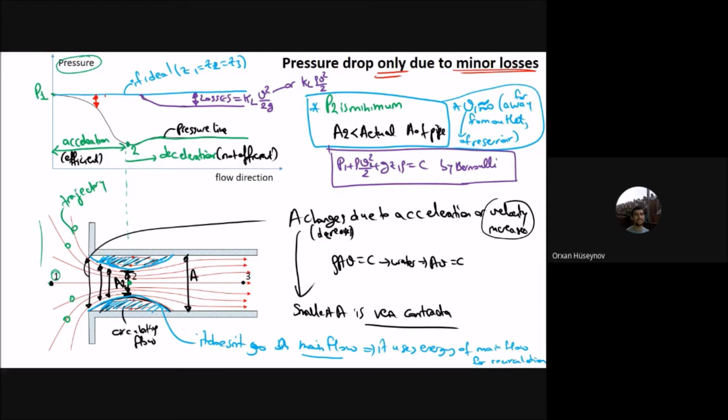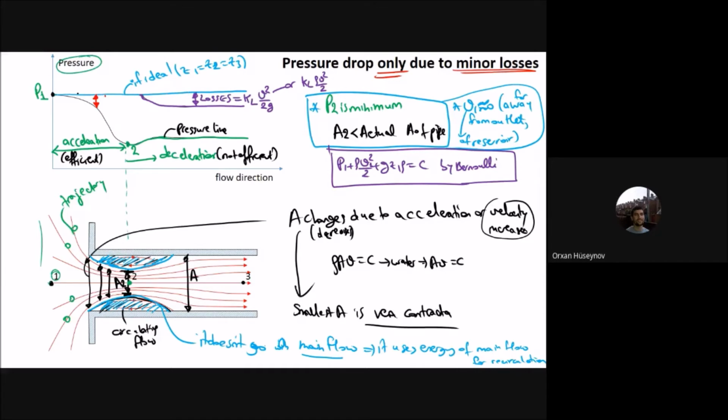The velocity at point 1 is 0. You can see it is far away from the outlet, in the reservoir, so velocity here is 0, but there is pressure. But as you move into the decreasing area, something increases and the pressure drops, because it should be in accordance. So the pressure drops, and this one is the ideal line. If it is ideal, it should be constant.